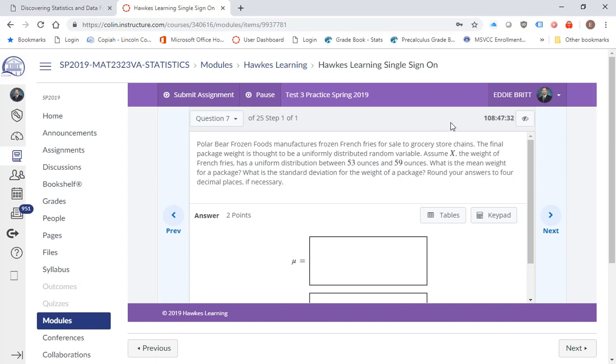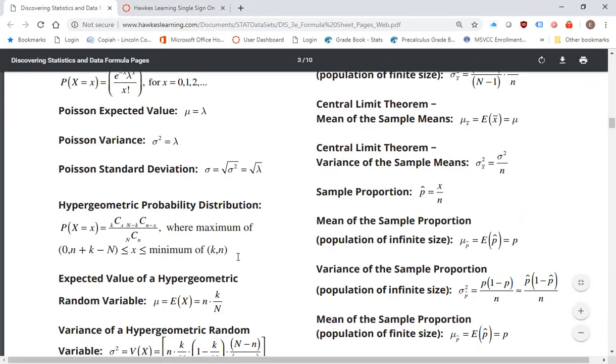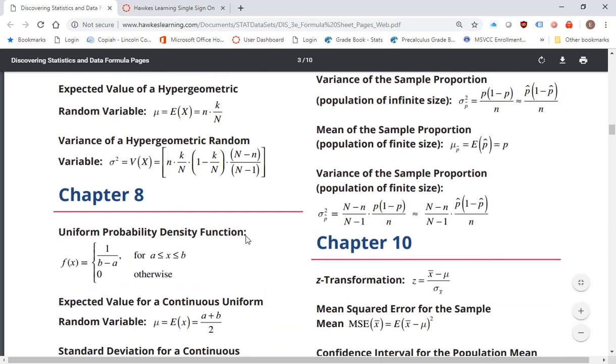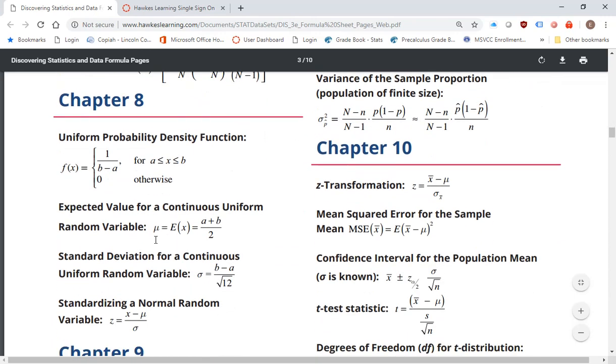Okay. So we have formulas for this uniform distribution. Okay, they're right here. For the mean, it's A plus B divided by 2. That's the 2 numbers it gave us, divided by 2. And for the standard deviation, it's B minus A divided by the square root of 12.